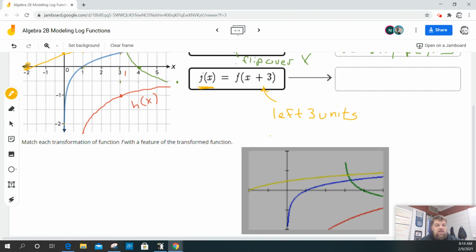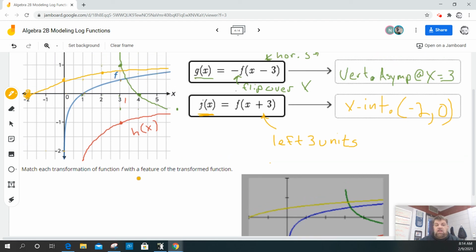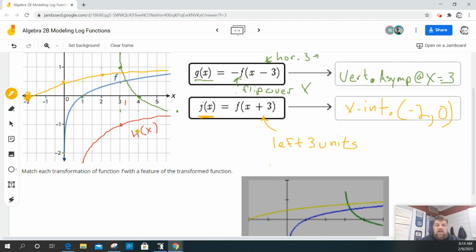All right, so right here, that property is going to have an x-intercept of -2 comma 0. And so basically, as we were talking about earlier, if we go through and I have data that looks like this, because I know how to transform the parent function, I can make it fit any way that I want or need it to.